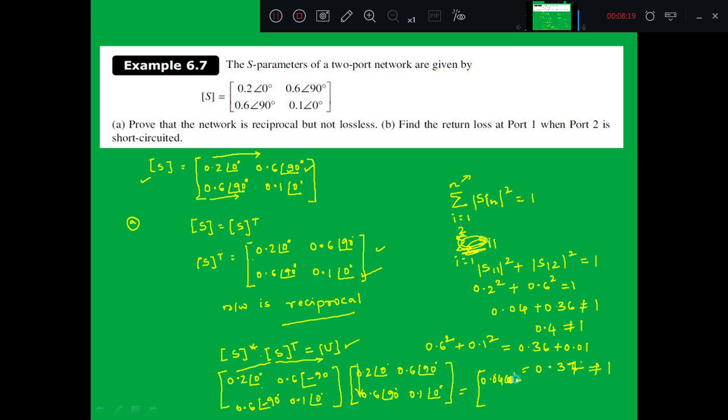Plus 0.2 into 0.6 gives some value, but in a unitary matrix the first element is always 1, so this is not equal to 1. Therefore the network is a lossy network, it is not a lossless network.